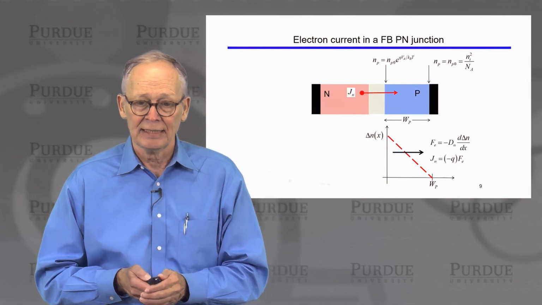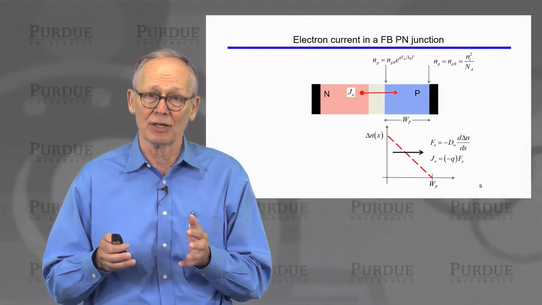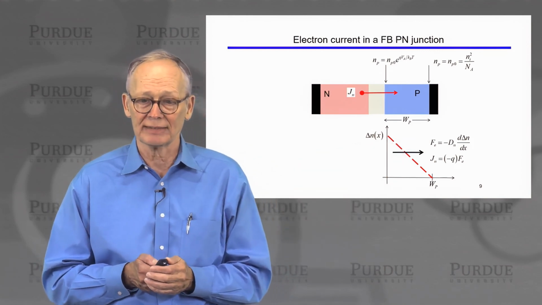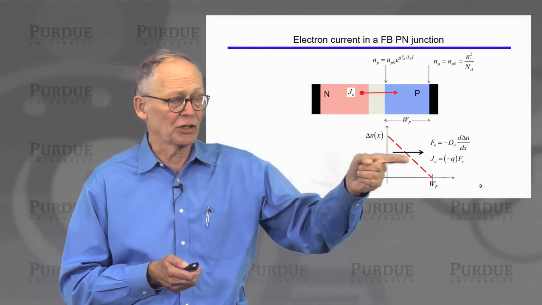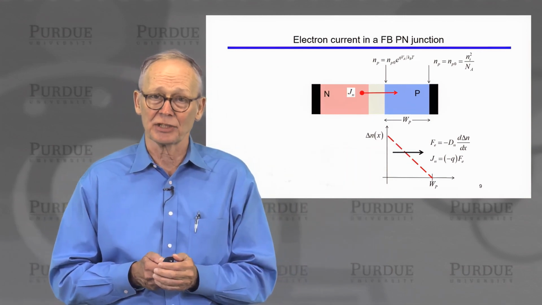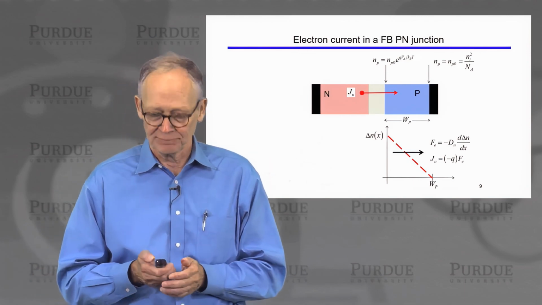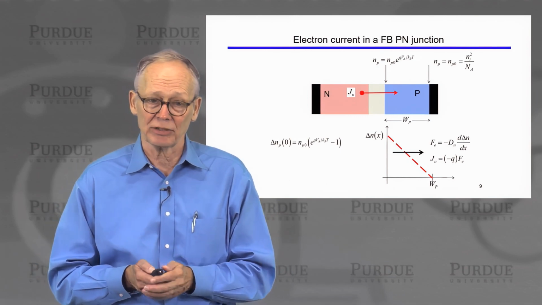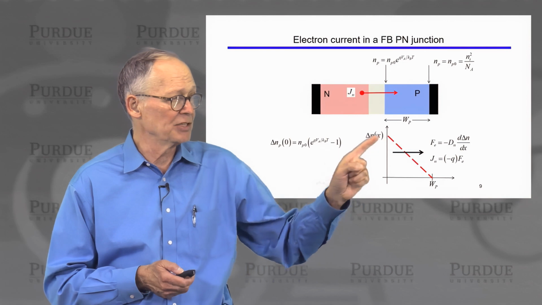The flux of electrons is given by Fick's law of diffusion: minus the diffusion coefficient of electrons times the concentration gradient. The current then is just the charge on an electron, minus Q, times the flux of electrons. So we can very simply see what the electron current will be. We know the concentration of electrons at the beginning of that region.